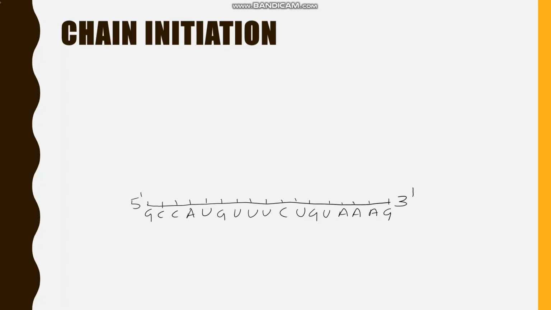Now, during chain initiation, in the first step, the smaller subunit of the ribosome will bind to the mRNA in such a way that the first triplet codon is always the initiator codon. Which is the initiator codon? That is AUG. But it is not present at the very beginning. Of course, it will be at the beginning of the coding sequence. That means the entire mRNA does not code for amino acids.